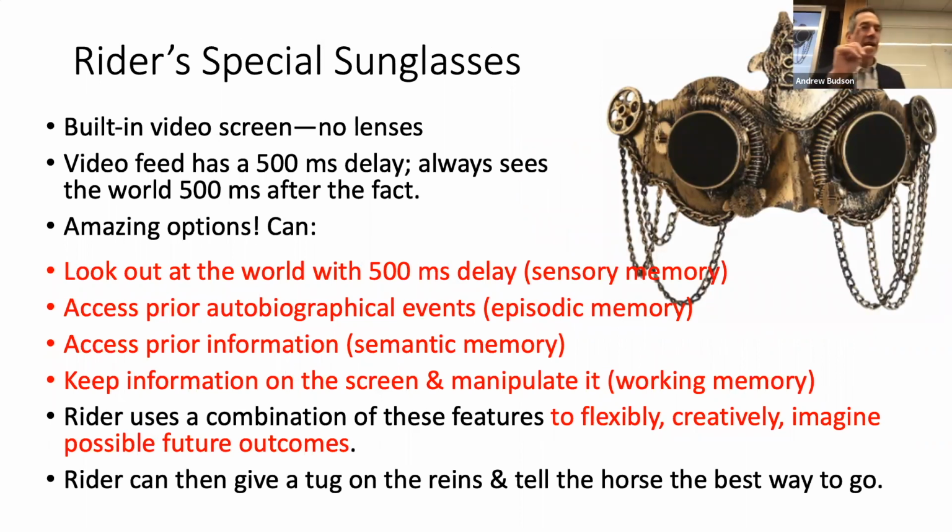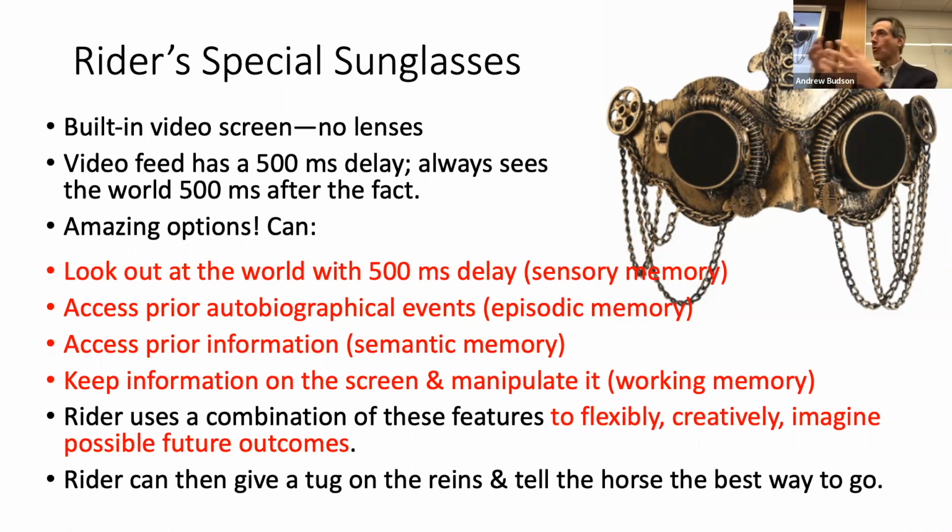The rider has these special built-in sunglasses, and the rider can use these special sunglasses to look out at the world, although there is a 500 millisecond delay, and that's what sensory memory is. They can access prior autobiographical events through episodic memory.